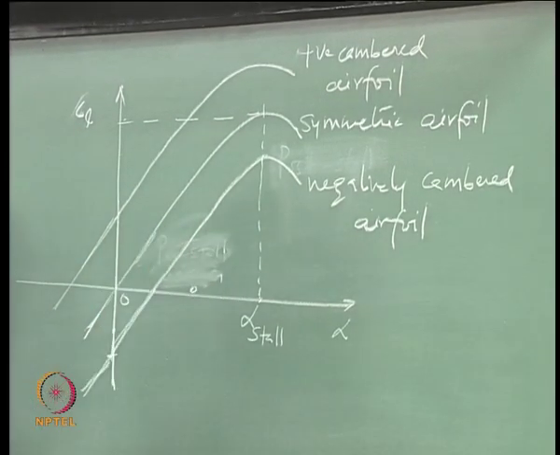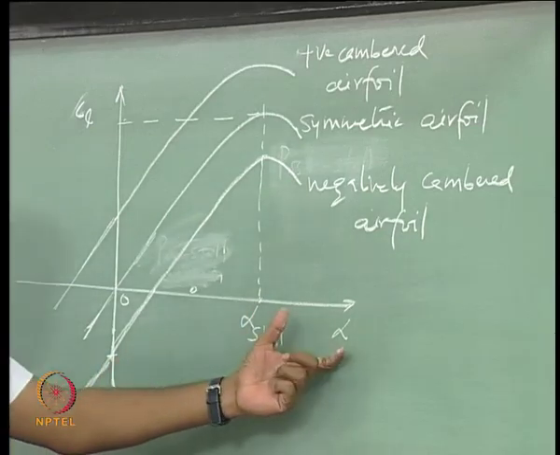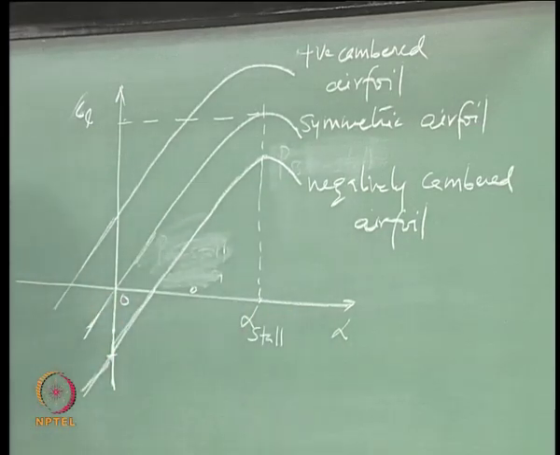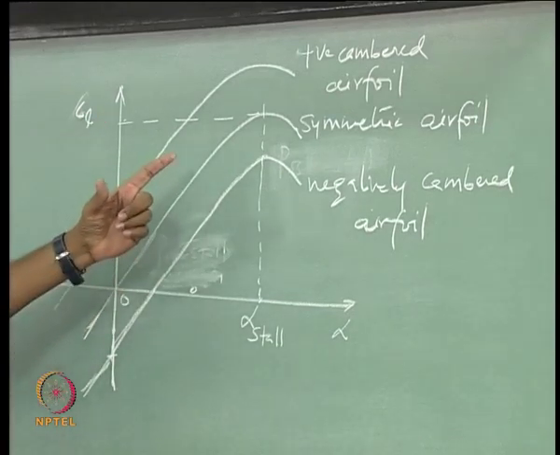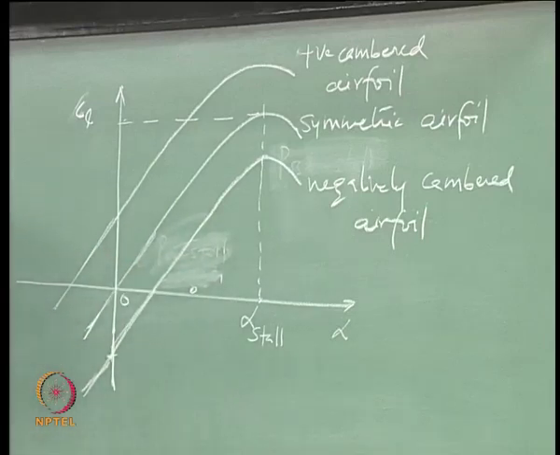So, clearly if we want to fly our aircraft at an alpha as low as 0 degrees, then we would prefer the positively cambered airfoil over the other two cases, because it gives me the higher lift coefficient.